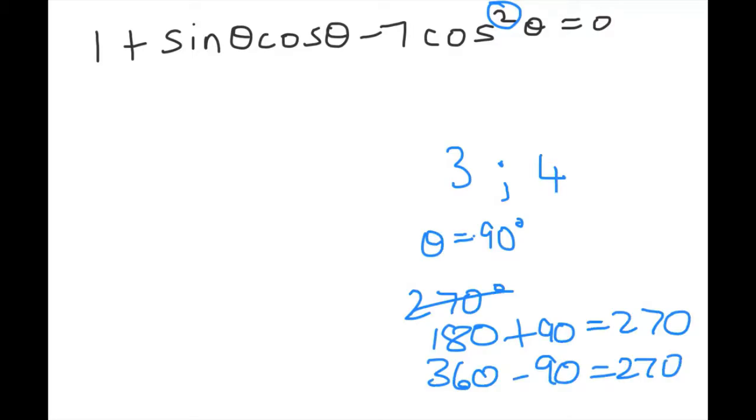Now, if theta is something different, we're going to get 2 separate answers over here. That's why I say we might get 4, we might get 3, but just keep that in mind. We definitely have more than 2.